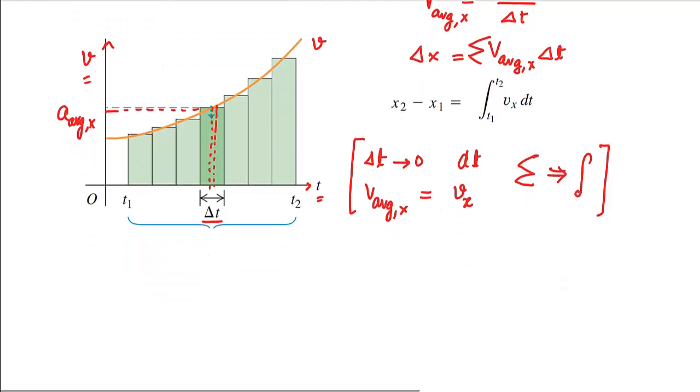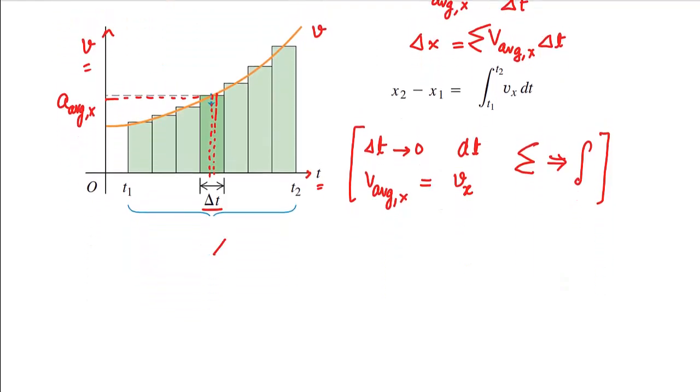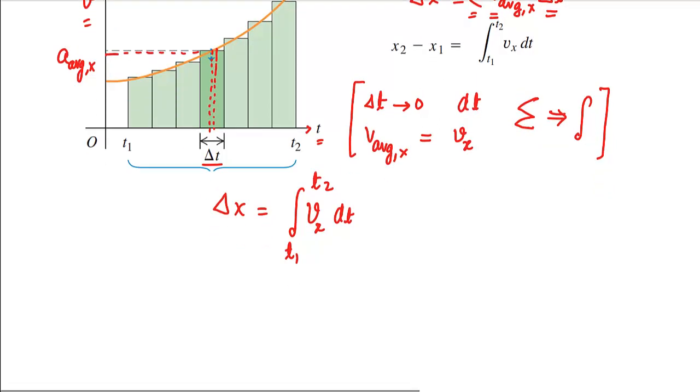So if I do all these modifications, I can write delta x is equal to the integral from time t1 to time t2 of vx dt, since the summation becomes integration, the average velocity becomes instantaneous velocity, and delta t becomes dt. This will give me the change in position, that is the displacement between time t1 and t2.